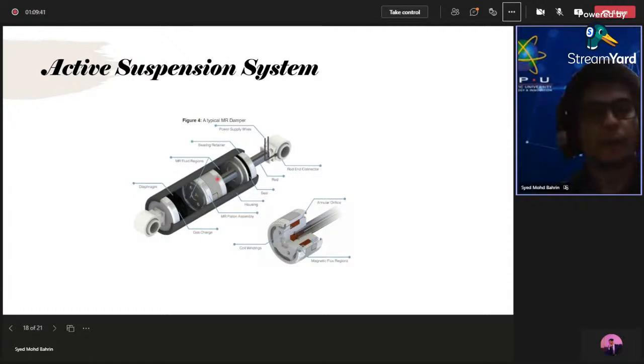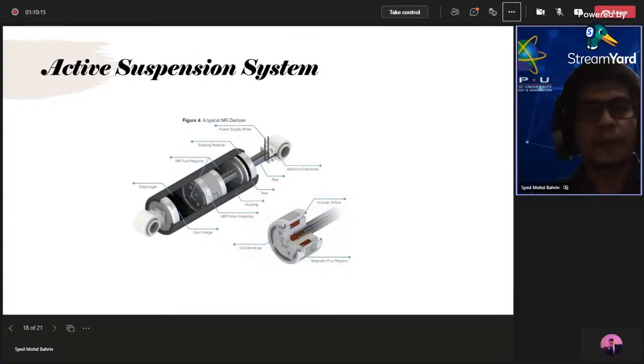Okay, so for example, if the car is hitting a pothole, so the car is basically going down by a certain centimeter, the power controller will tell the electromagnetic device here, okay, now produce a magnetic field of a certain amount such that the resistance is this amount, so that the body of the car won't go down or is moving in the opposite direction.